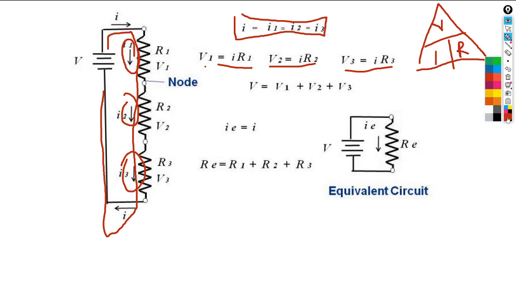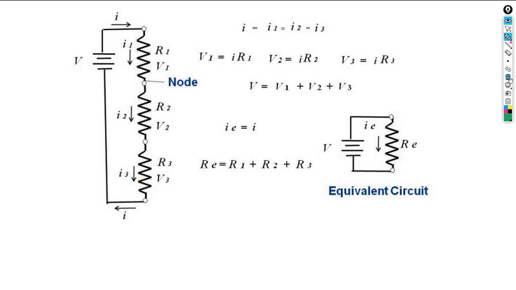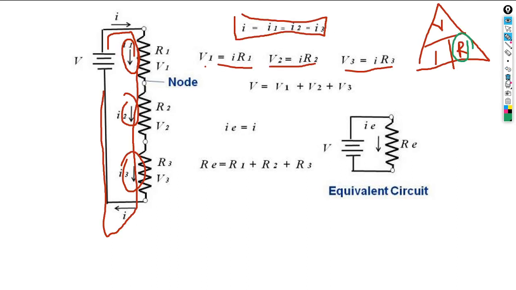So for instance, if you are looking for the resistor, it's going to be the voltage divided by the current. If now you are looking for the current, it's going to be the voltage divided by the resistance. And if you are looking for the voltage, it's going to be the current times the resistor.